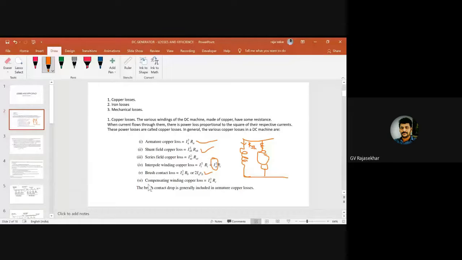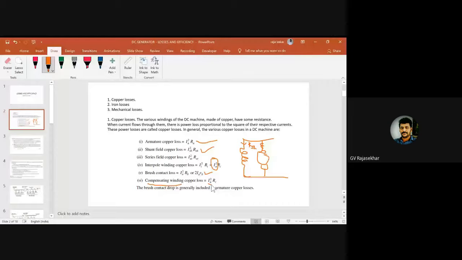Then that winding will also have resistance, and Ia square Rc is the copper loss in the compensating winding.